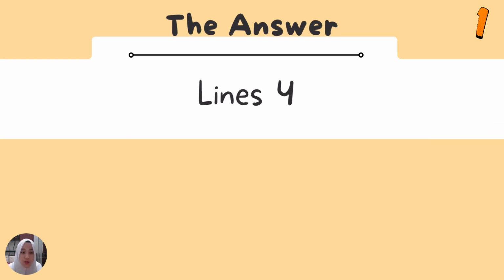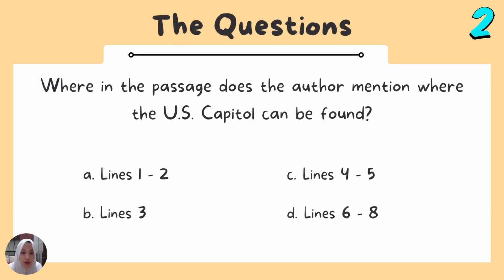Okay, let's move to the next question, question number 2. Where in the passage does the author mention where the US capital can be found? For the options: A, lines 1 to 2; B, line 3; C, lines 4 to 5; D, lines 6 to 8.